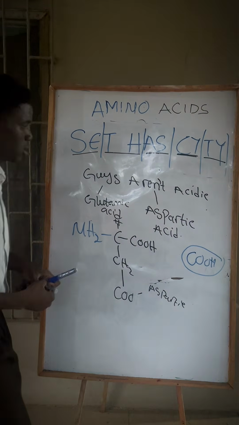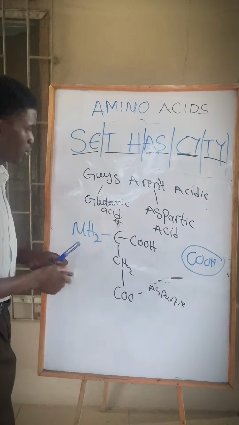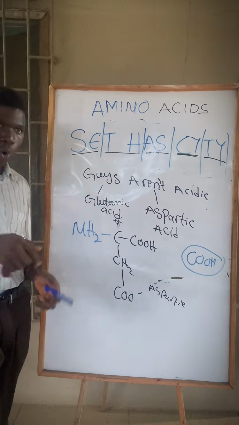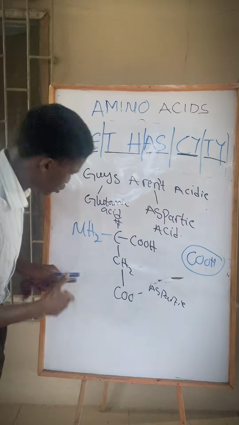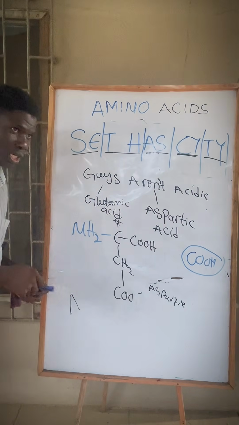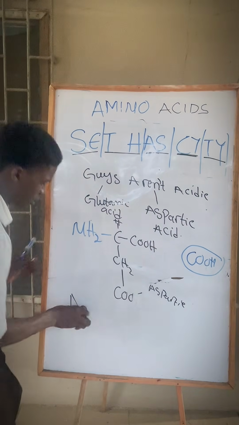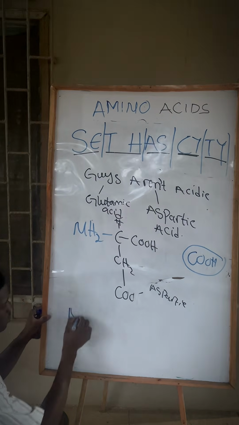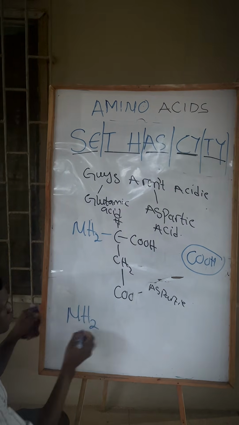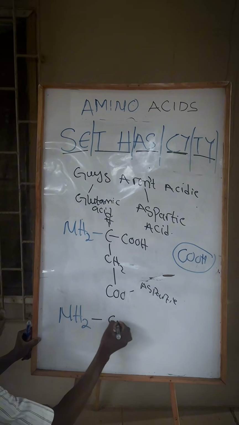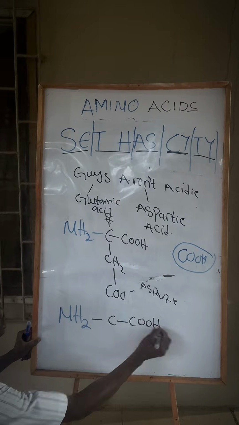For glutamic acid, it is just this structure but with one more carbon. Don't forget, the same structure with one more carbon. Please, is this side showing? Can I draw at the bottom? It's showing, right? Thank you. NH2, C, COOH, hydrogen.